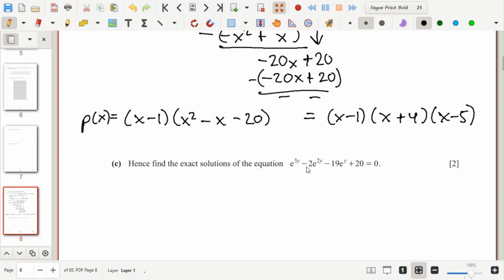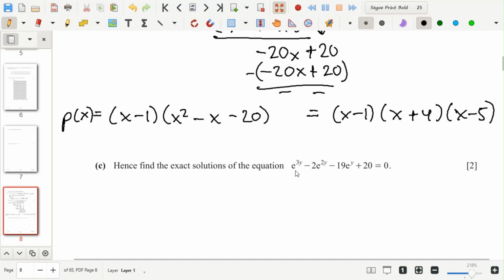Now, if you look at this expression carefully, you can see something. You can see that this can be written as e to the power y in one bracket, e to the power y squared in another bracket, minus 19 e to the power y plus 20.